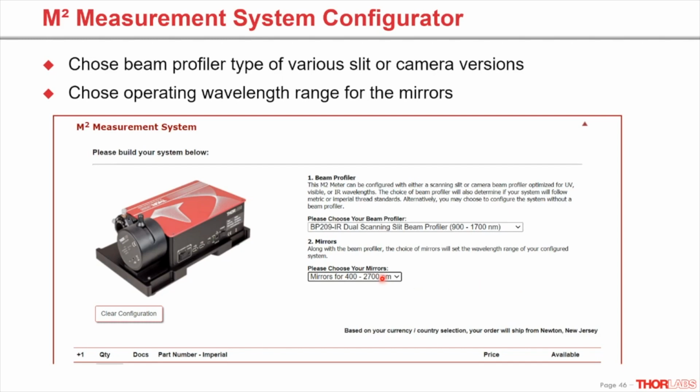Further, you have to select the desired wavelength operating range for the best anti-reflection coating of the tilted mirrors. Both beam profiler and stage are operated with the same software. Once you get through this configurator, you will get your part number and, of course, price and availability.